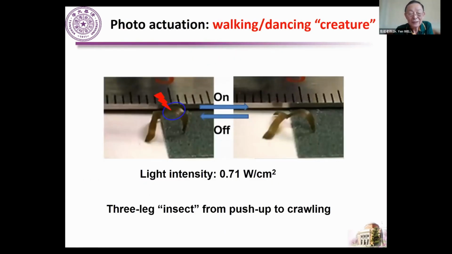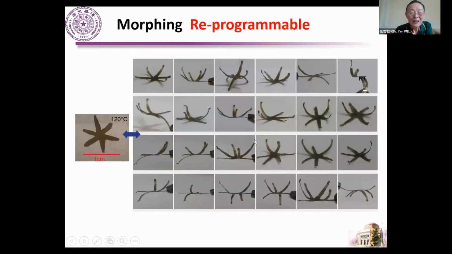You can make a little worm. It can move. You can program every leg, three legs, and when you shine light on one leg, it will go forward or backward. Then you can program any shape you want, like this little piece.